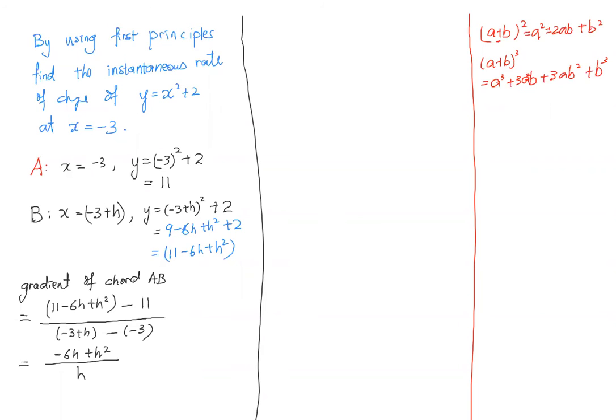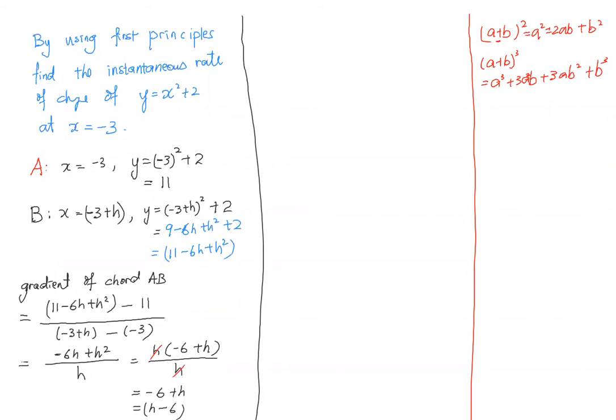Yes. Okay. Then after that, you factorize out the H. Then you cancel off. Yep. So at the end, you got negative 6 plus H. Or Yi Xuan say H minus 6. Also can, nothing wrong.